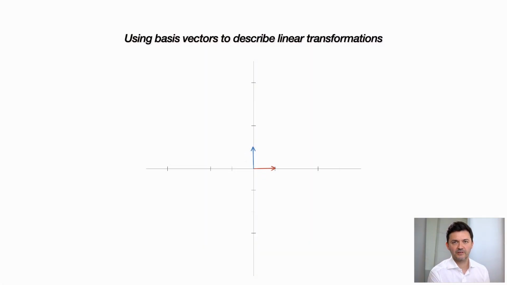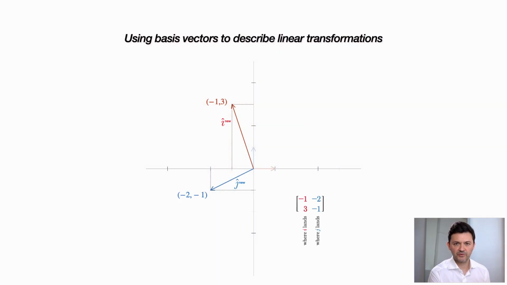To capture what happens in the transformation of the space, we just need to track i hat and j hat and see where they land after the transformation. As you can see, now I have transformed this space, and the i hat new landed at the coordinates -1 and 3, and the j hat landed at the coordinates -2 and -1. These four numbers are sufficient to describe this linear transformation of space.